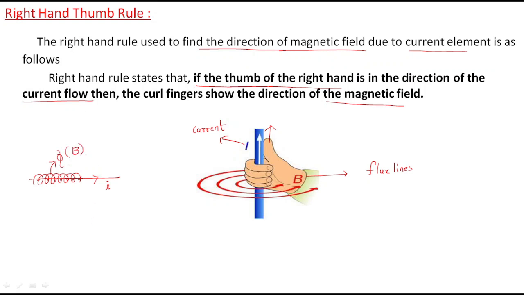Put your right hand like this, thumb pointing up and fingers curled. The thumb represents the current direction and the curled fingers represent the magnetic flux density. This principle is very useful to find the relation between the current and the flux.